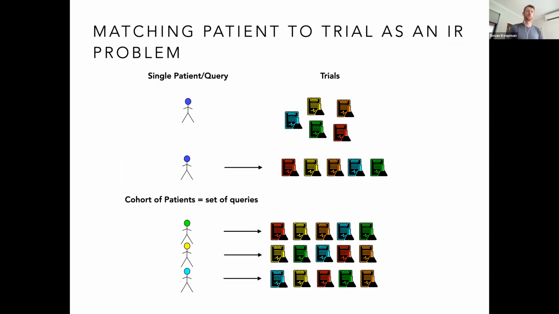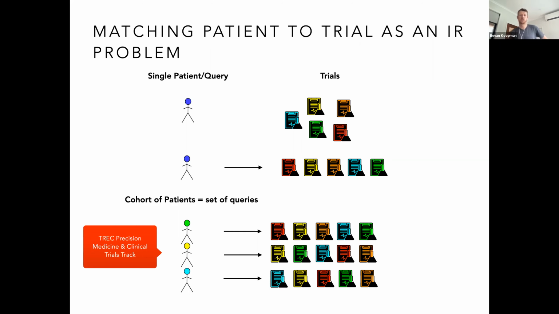And then of course, if you've got a bunch of patients, you have a whole set of queries. That's essentially what the TREC Precision Medicine and Clinical Trials track, in which we participated, used. That's the exact model that they used.